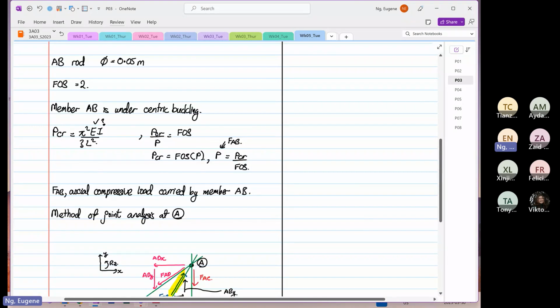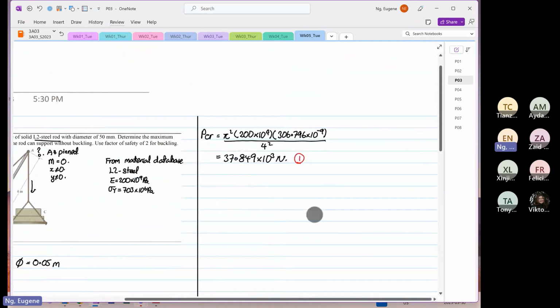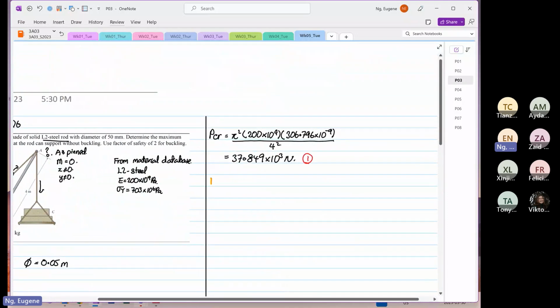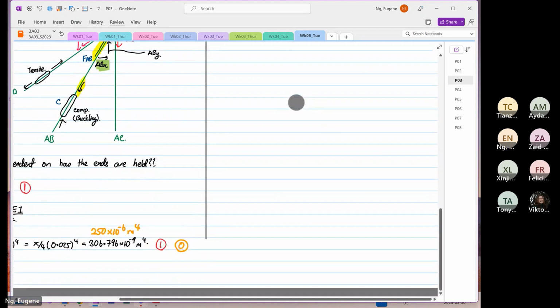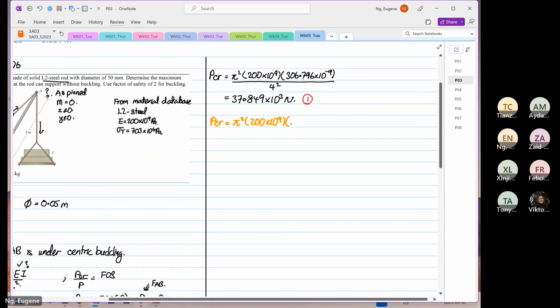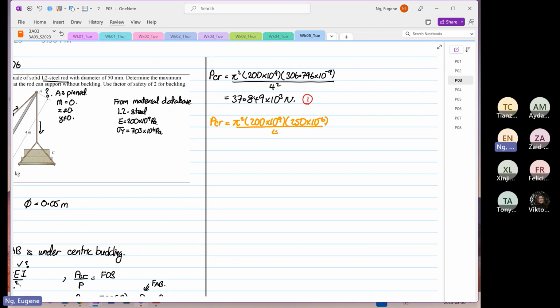So when you calculate your P critical, you will have pi squared multiplied by 200 times 10 to the power 9 multiplied by 250 times 10 to the power minus 6, and then divide by what? Divide by 4 squared. And we know that this is the wrong answer already.